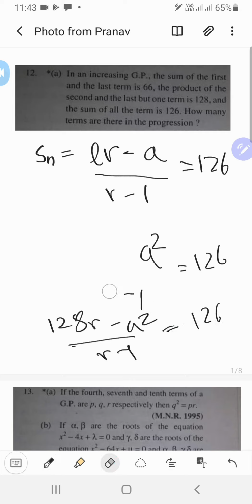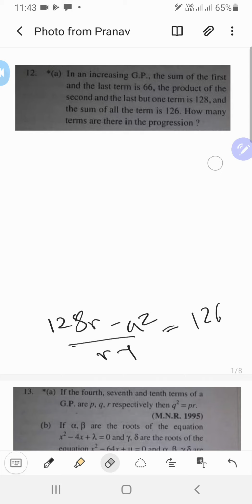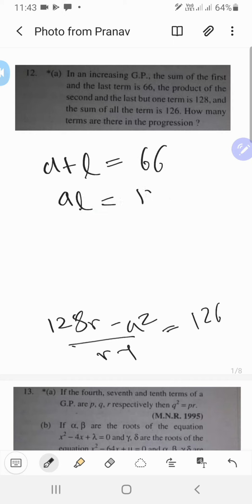So two statements are already done. Let's move to the last statement, which says that the sum of the first and the last term is 66. So you have A plus L equals 66, and you also have A times L equals 128 from the other statement.